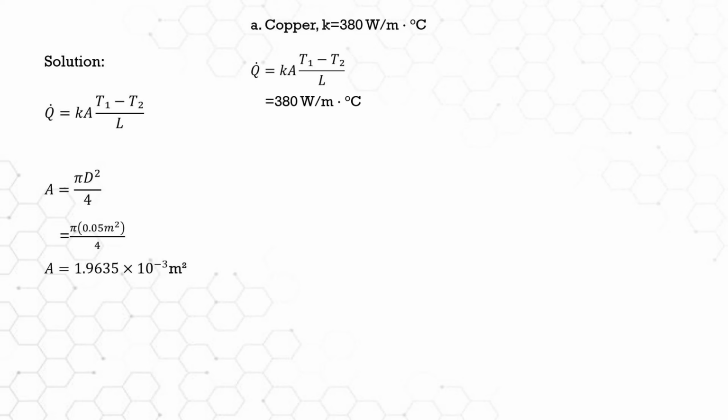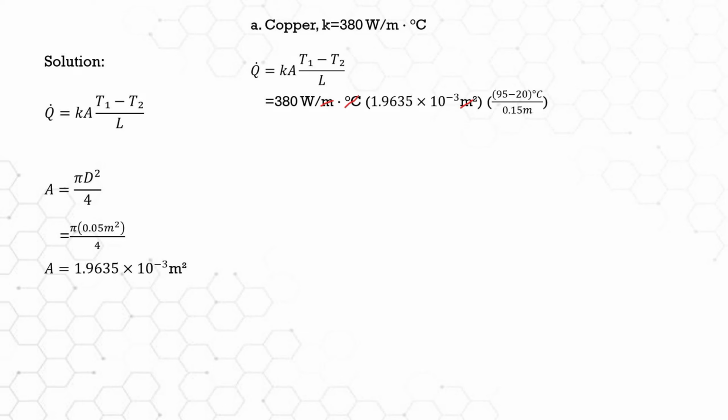Since we have 380 watts per meter degree Celsius as our thermal conductivity of the copper, multiplied by 1.963 times 10 raised to the power of negative 3 meters squared multiplied by 95 degrees Celsius minus 20 degrees Celsius over 0.15 meters.